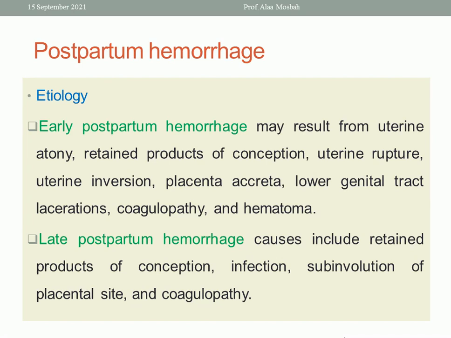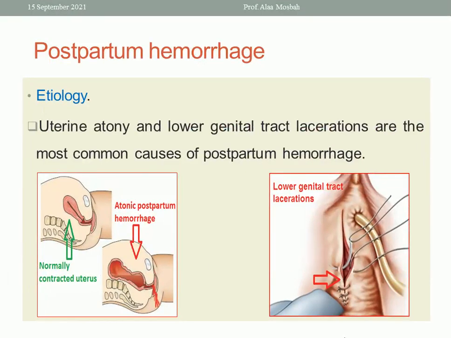While the causes of late postpartum hemorrhage include retained products of conception, infection, subinvolution of the placental site, and coagulopathy. Uterine atony and lower genital tract laceration are the most common causes of postpartum hemorrhage.